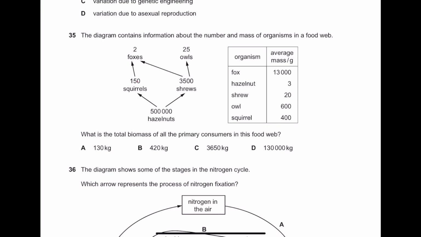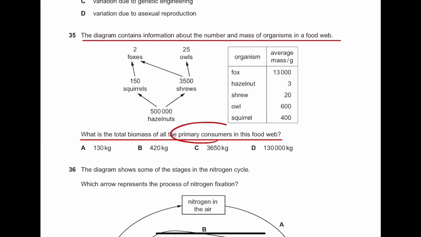Number 35. The diagram contains information about the number and mass of organisms in a food web. What is the total biomass of all the primary consumers in this food web? Okay, so we just have to figure out what the primary consumers are.